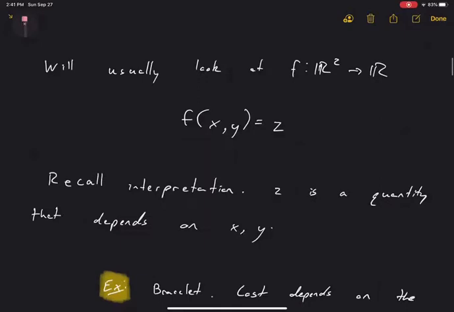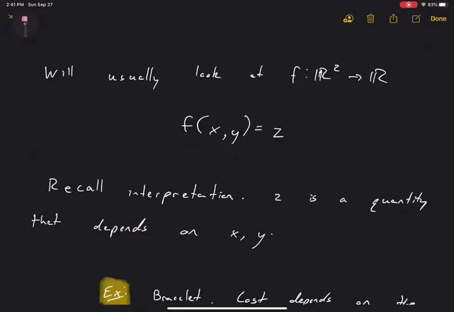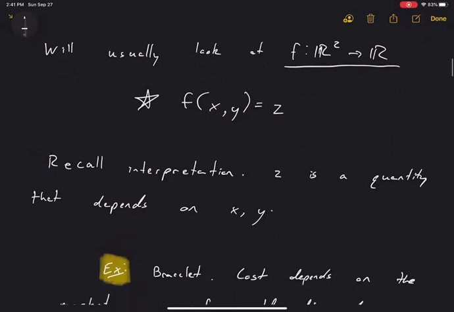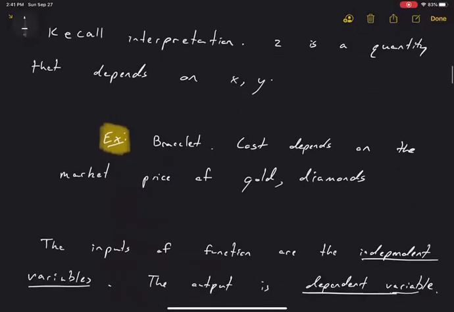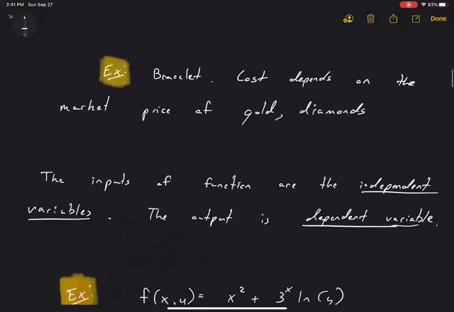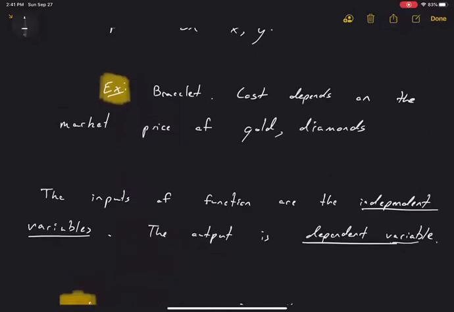We've already seen this notation, but just to reiterate, we're usually going to be looking at functions from R2 to R, which we might see written like this: f of x y equals z. z we can think of as just some number that depends on x and y. I gave this example in the first intro video of the course.